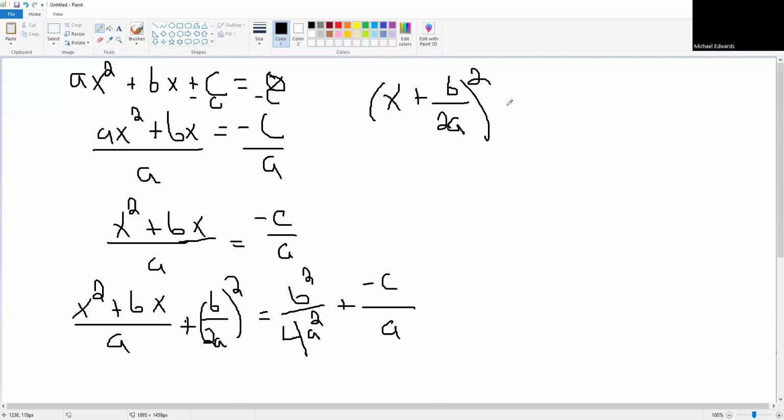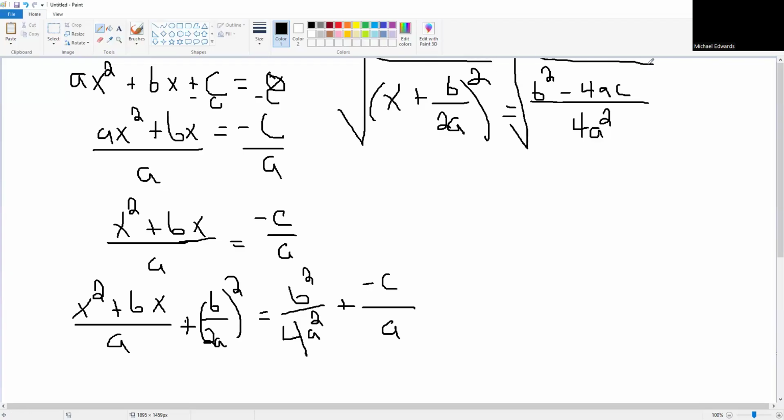And then that's going to be equal to b squared minus 4ac over 4a squared. Now we need to do the square root trick on both sides.